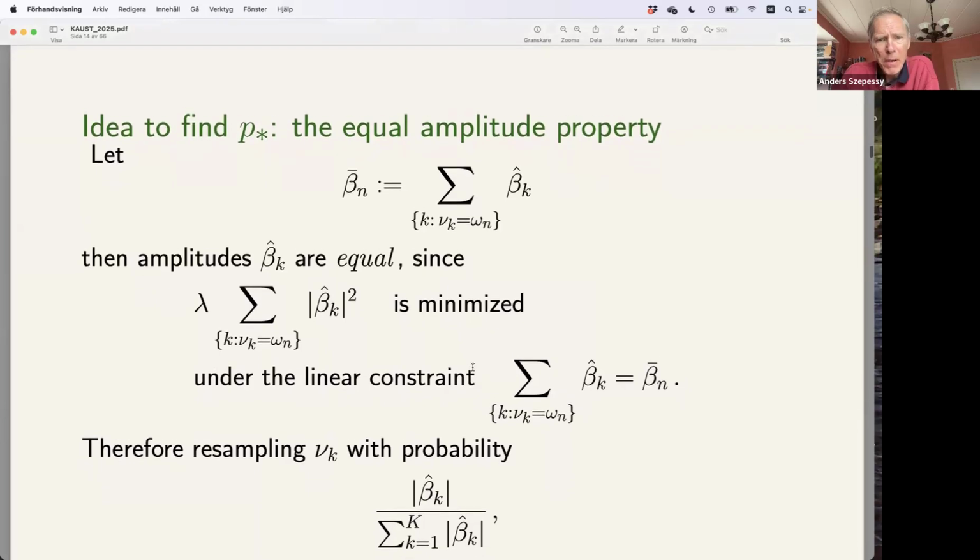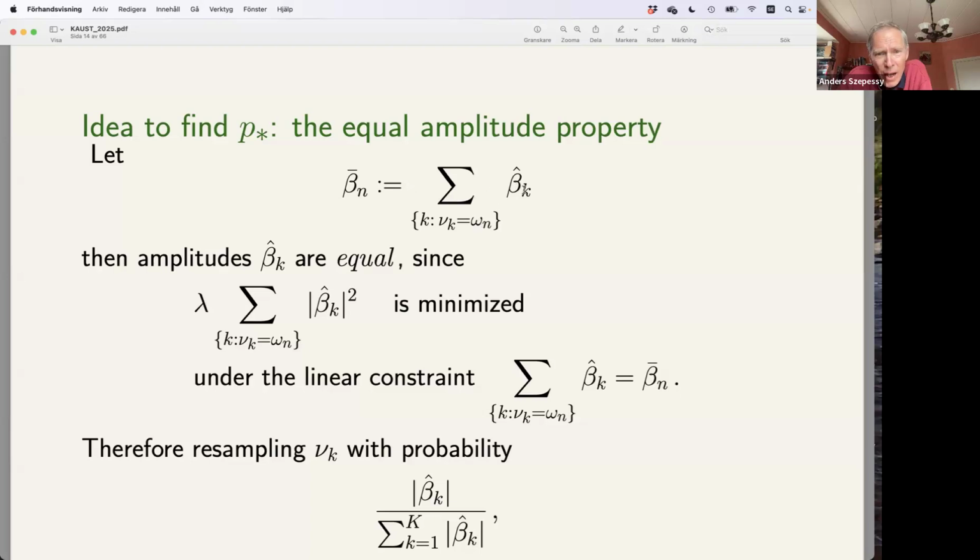Now the first step: what is the equal amplitude property? Suppose we denote by beta bar the sum of the amplitudes with a given frequency omega n. So in the neural network, we have amplitudes nu k, and we sum all those that have this given frequency omega n.